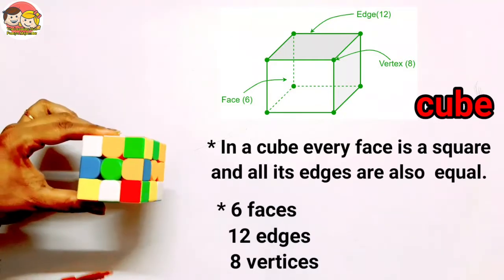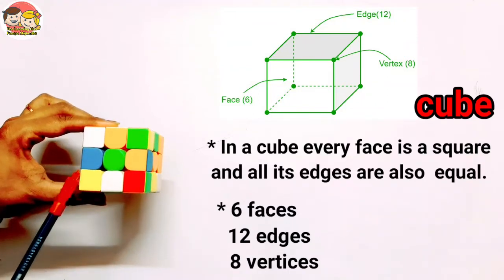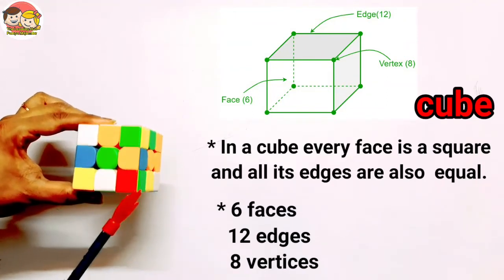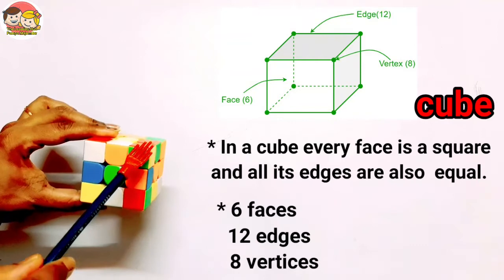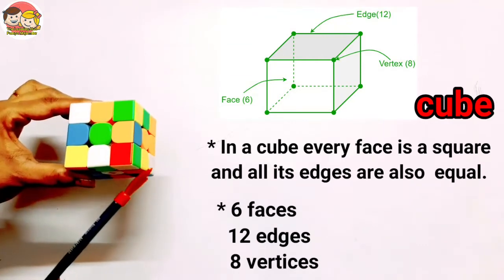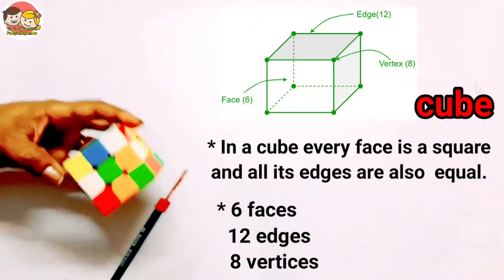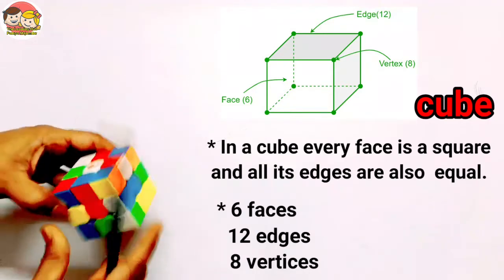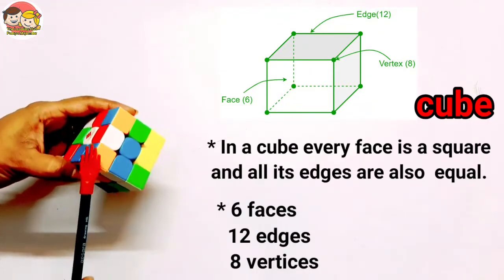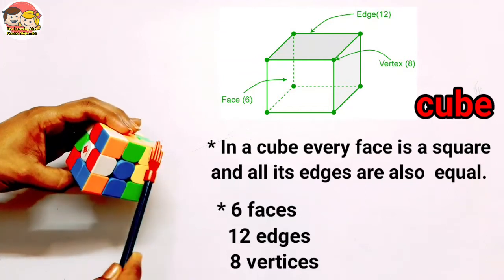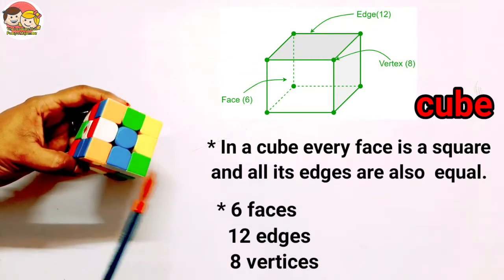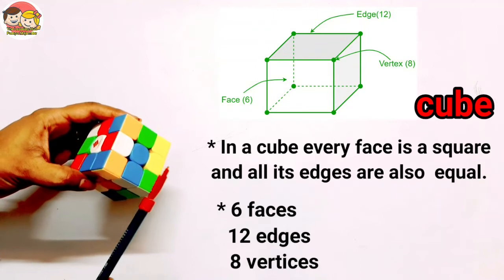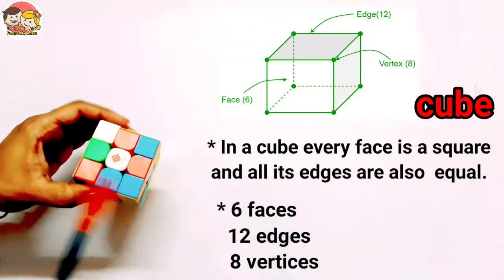So 6 faces. 1, 2, 3, 4, 5, 6, 7, 8, 9, 10, 11, 12. 12 edges. Now 8 vertices.